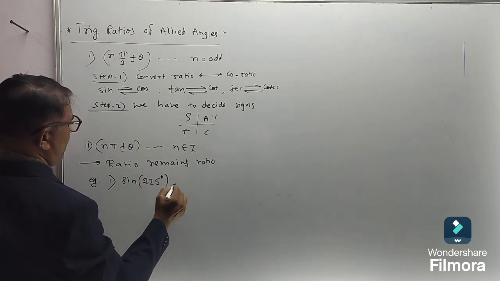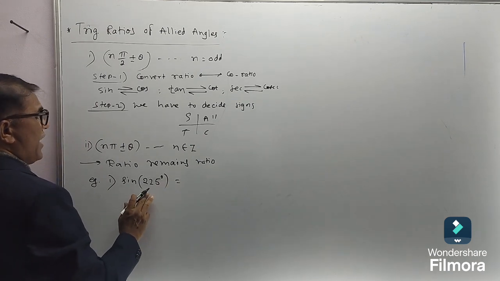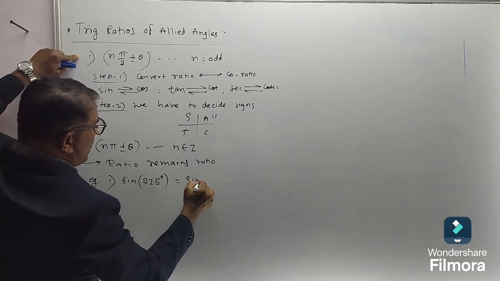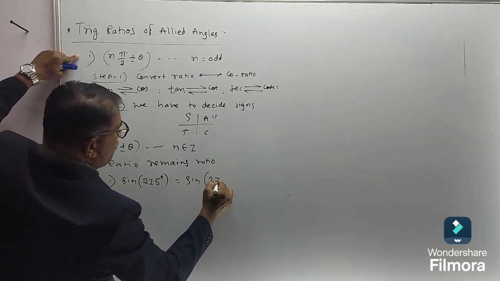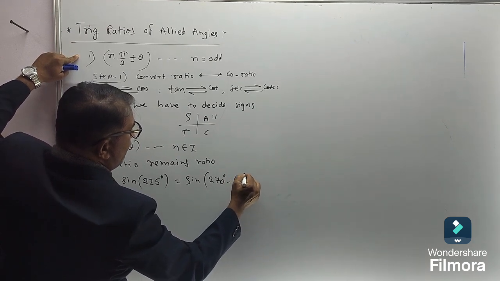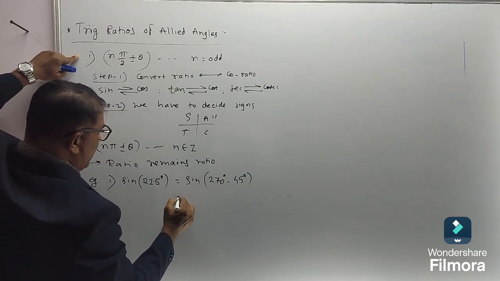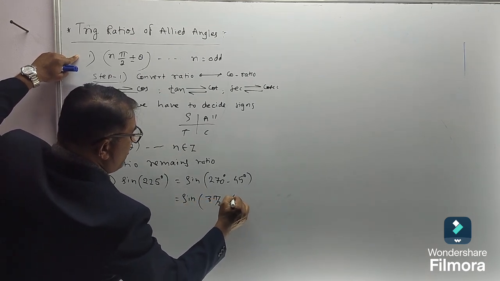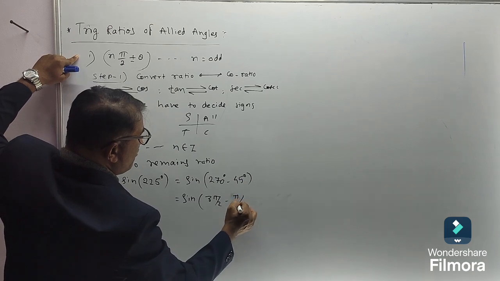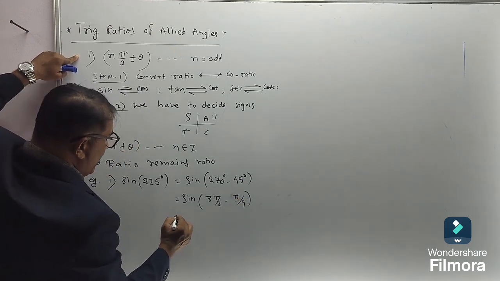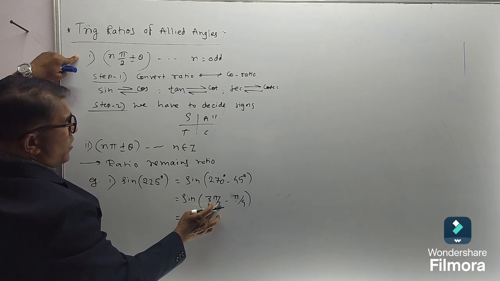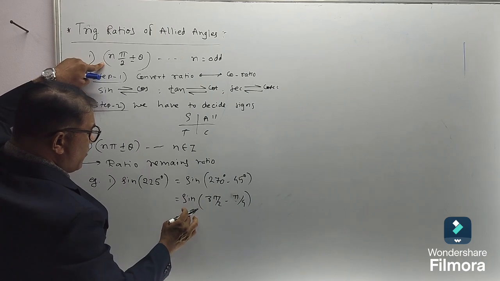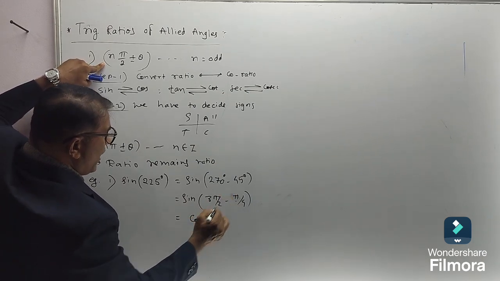If I write this in the first form, it can be written as sine of 270 degree minus 45 degree, and in radian for our practice, 270 is 3 pi by 2, minus 45 is pi by 4. And the rule is, if it is an odd multiple of pi by 2, n pi by 2 plus or minus theta, n is odd, then convert this sine into cos and write pi by 4.